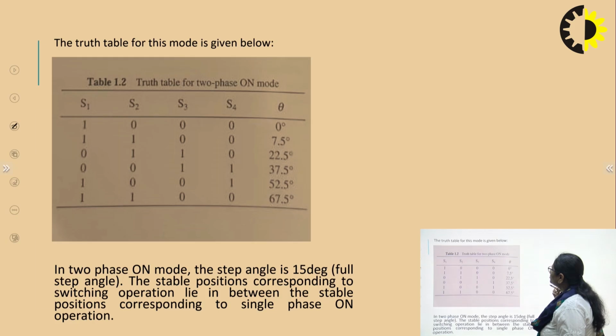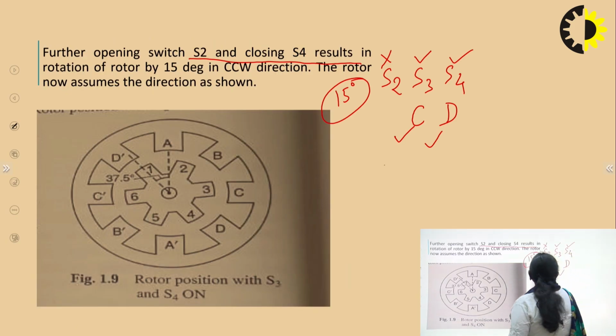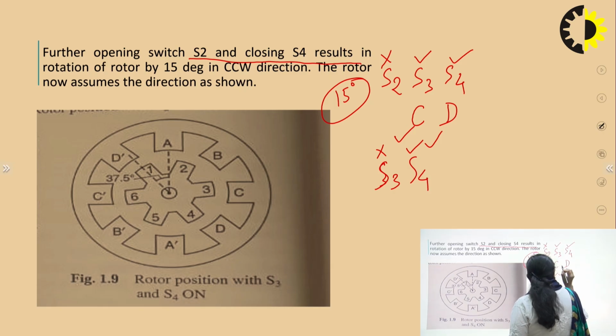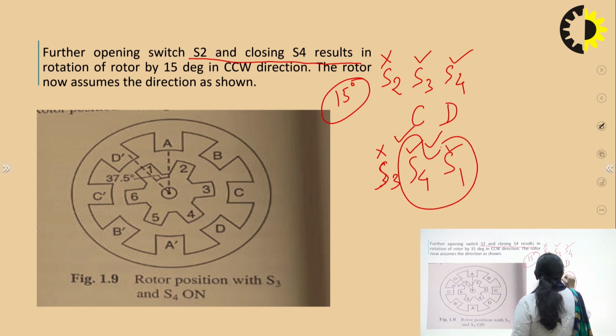After this, what would be done would be S3 would now be closed, S4 was energized, S3 would be opened, S4 will be kept in on position or closed position, and along with that S1 is also closed, right?